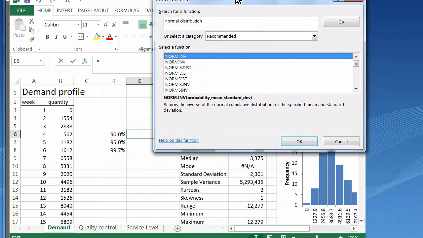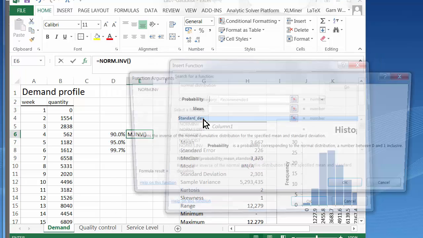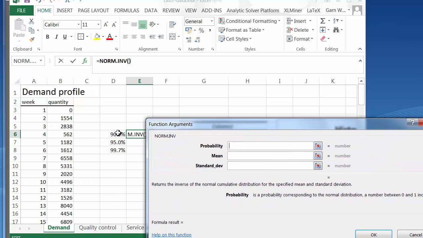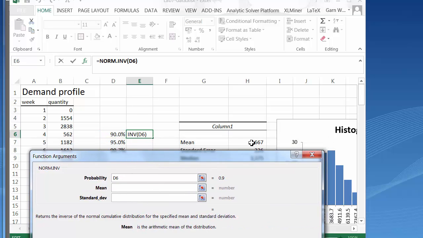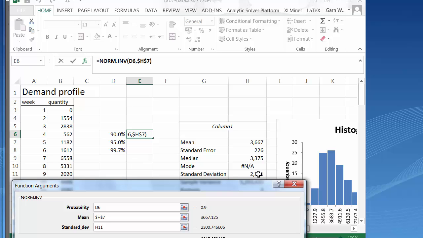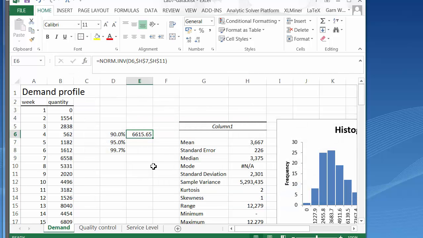So we could immediately use that function, which requires us to specify the probability, which is the first column, then the mean, which we can get from our descriptive statistics box. We are going to fix that since we are going to reuse that cell, and the standard deviation, which we have also computed here, and voila, we immediately get the quantity.